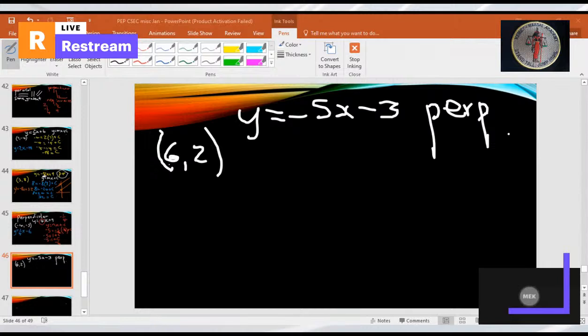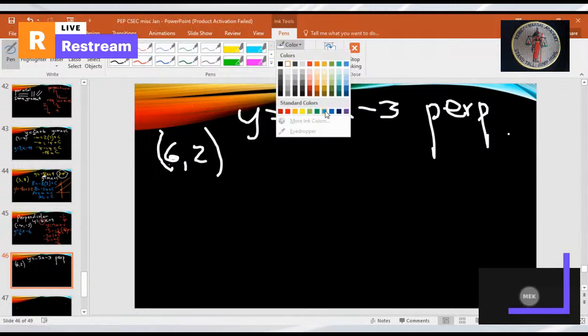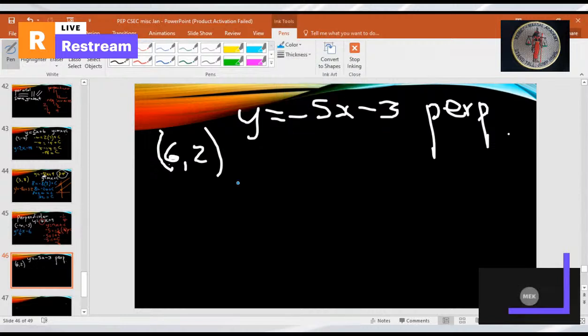So let's go. Since the lines are perpendicular, we know that they meet like this. One is coming in like that, the other might be coming in something like that, right? That's how they meet each other.